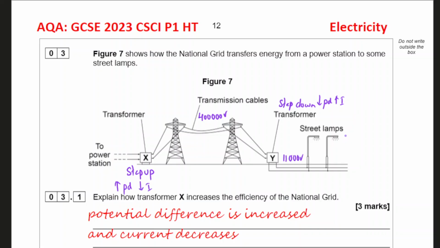Now the street lamp operates at around 340 volts, right? And the power station produces voltage around 12,000 volts, right? Now these are rough numbers, but the definite number is the 340 volts.